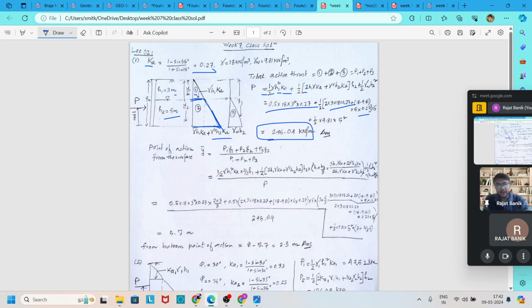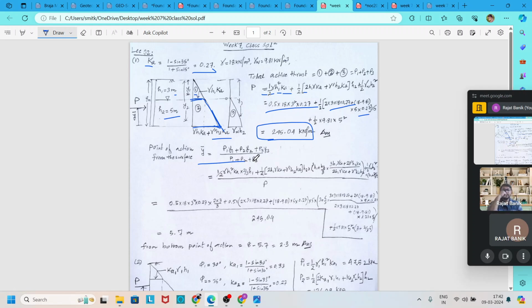To find the point of action, we again apply this formula: P1 Y1 plus P2 Y2 plus P3 Y3 divided by P1 plus P2 plus P3. P1 is nothing but the area of this pressure diagram, that is the total thrust of each pressure diagram, and Y1 is the point of action of this pressure force from the surface.